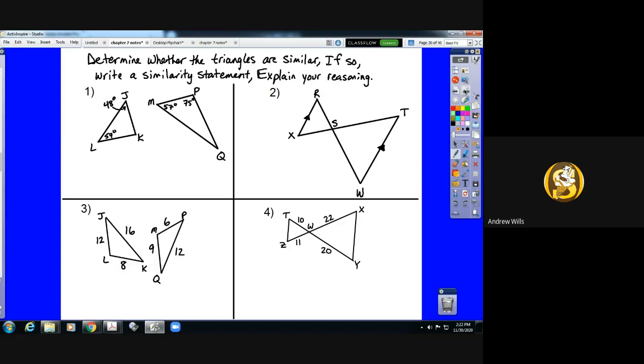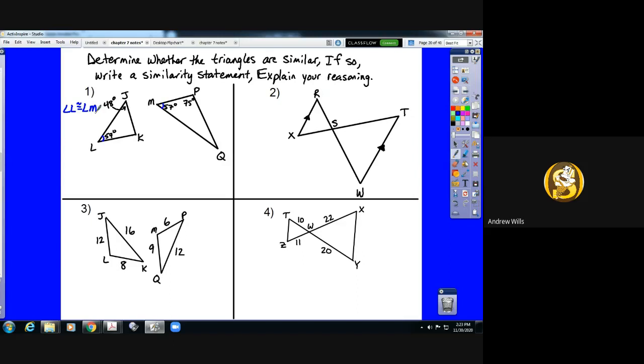The answer will be no. Okay? So we have to ask ourselves, do we have any congruent angles? And hopefully we all say, well, yeah. Angle L and angle M, those are both 57 degrees, which means angle L is congruent to angle M.